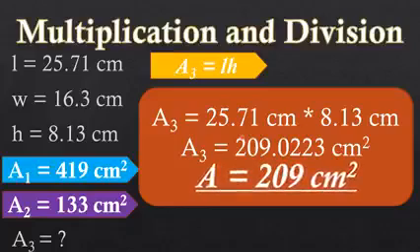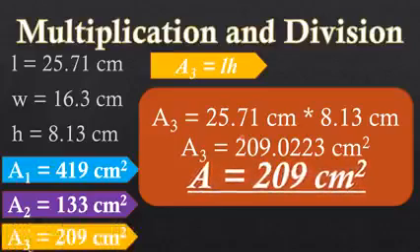Thus, our third area is equal to 209 square centimeters. So final answer, the 3 distinct surface areas are as follows. We have 419 square centimeters, 133 square centimeters, and 209 square centimeters.